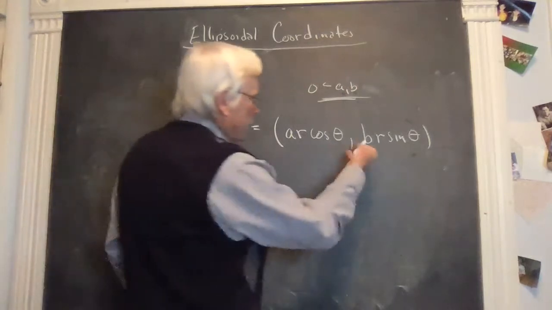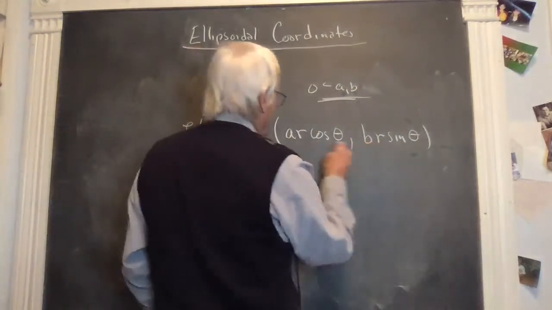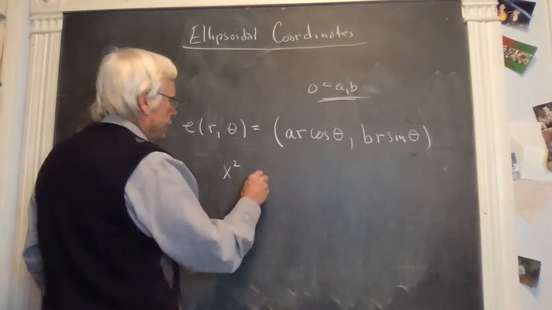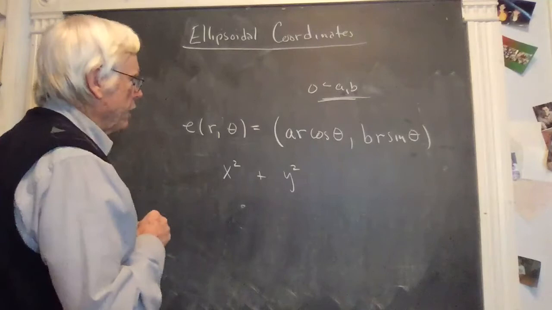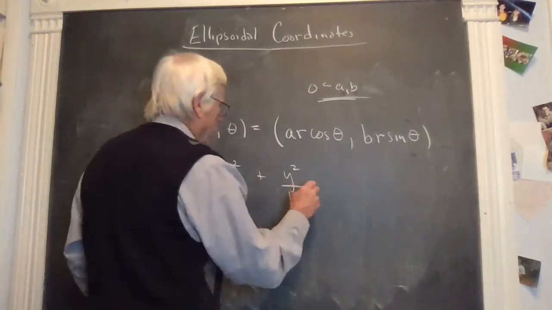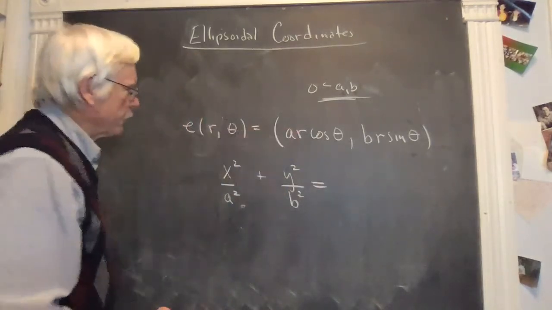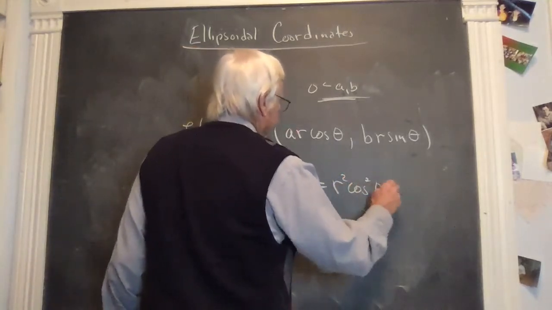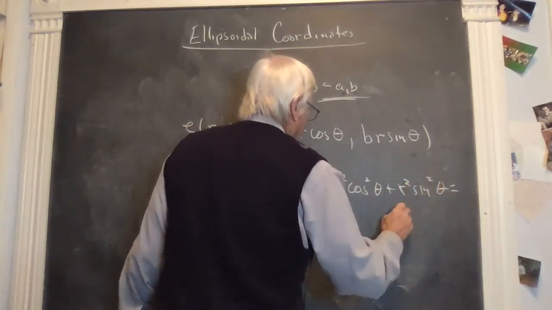To notice what this is good for, you could find a relationship between these variables. If we take the x and square it and the y and square it, we don't get anything in particular, but if we divide by these a and b squared, or think of dividing x by a before you start, then this is r squared cosine squared theta plus r squared sine squared theta, which is r squared.